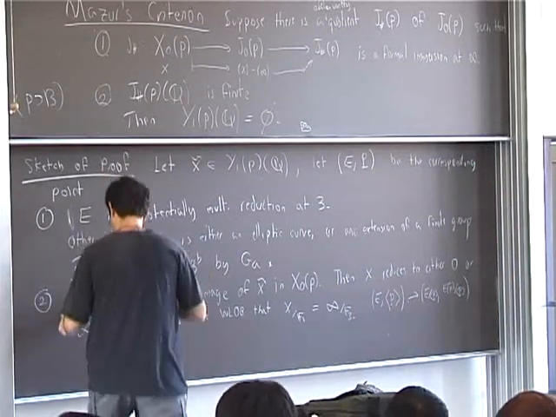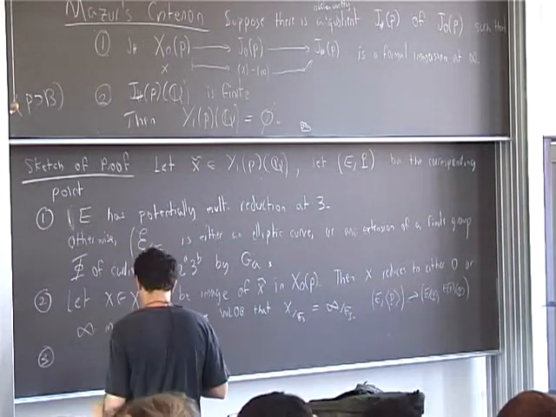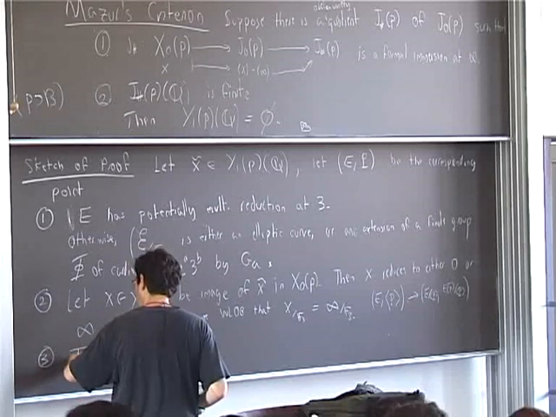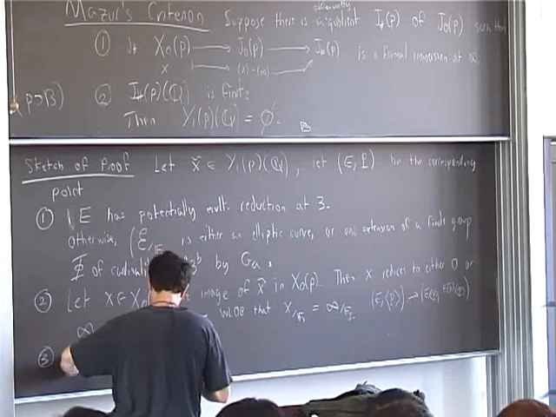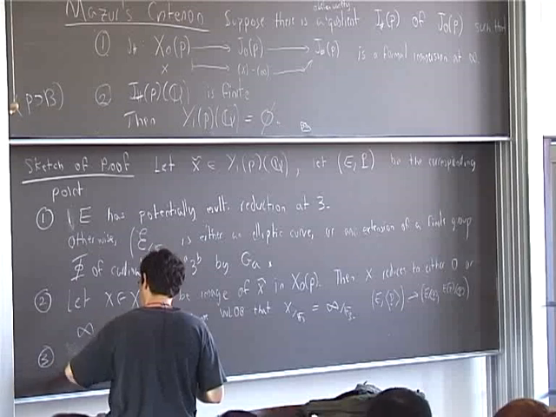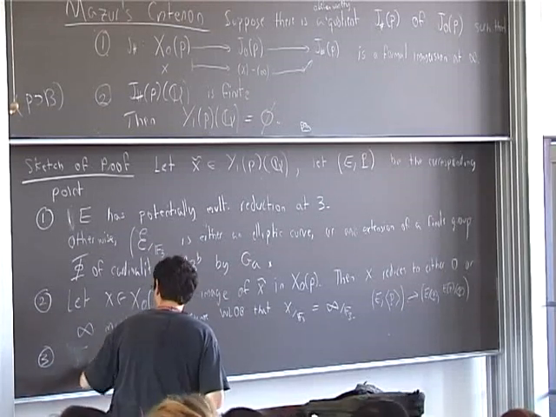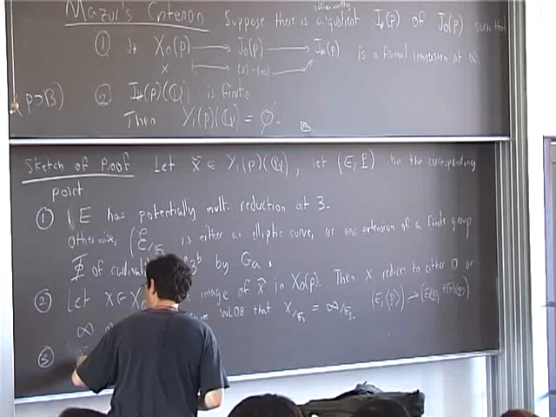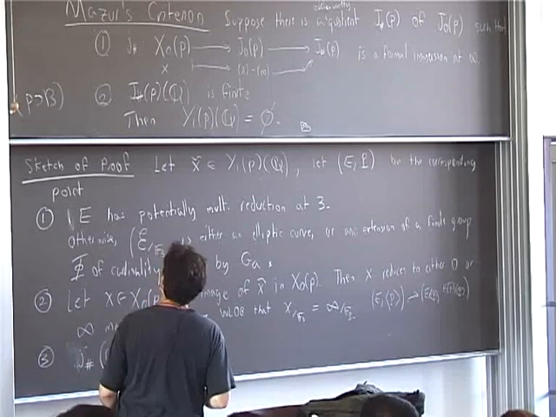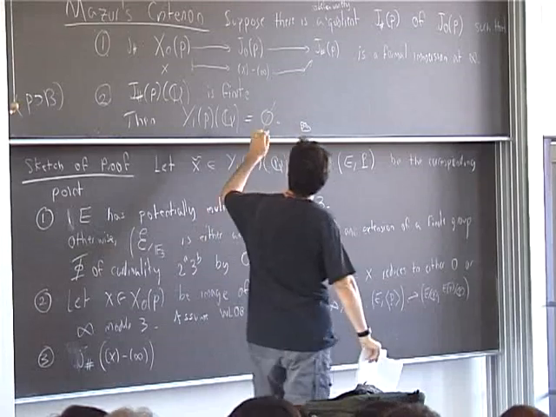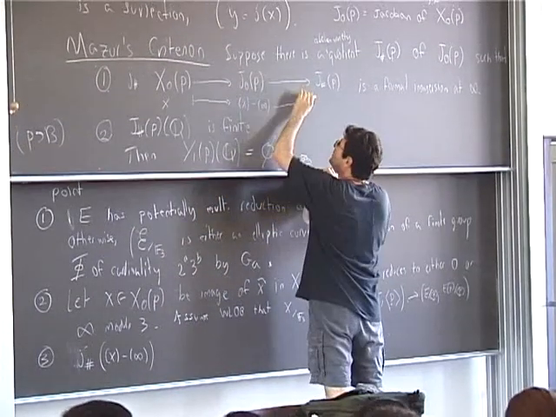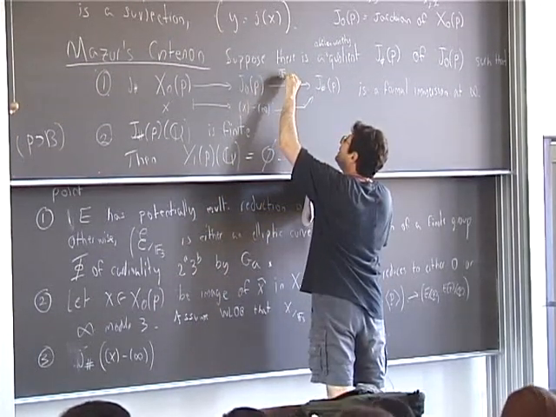Okay, so then step 3 in the argument is we consider the image of the divisor x minus infinity under the morphism, this projection map, let me call it phi sharp.